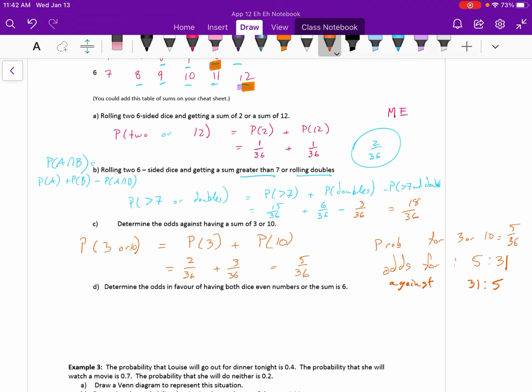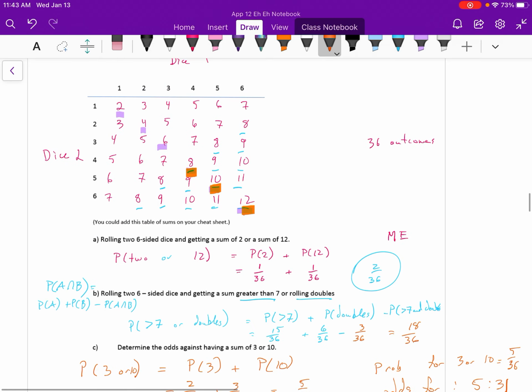All right, determine the odds in favor of having both dice even numbers or a sum of 6. So you could figure this out using the previous methods, or you could use a little bit of logic. So determine the odds in favor of both dice being even. So I can go here and look where both dice are even.